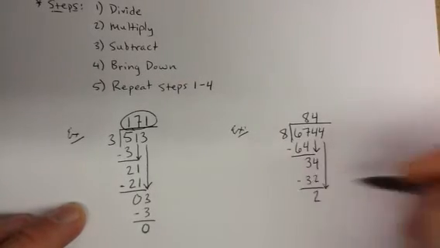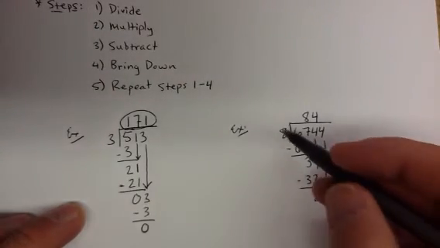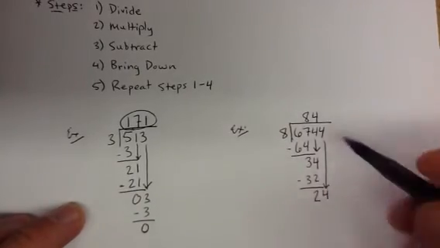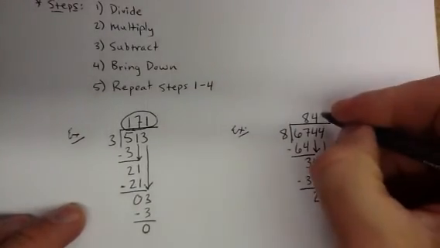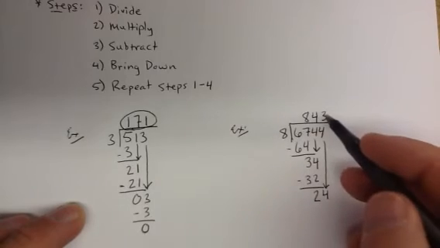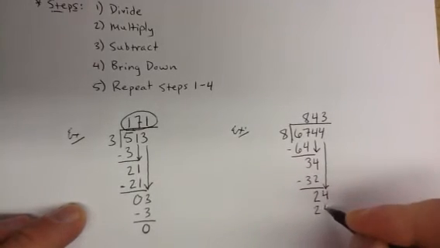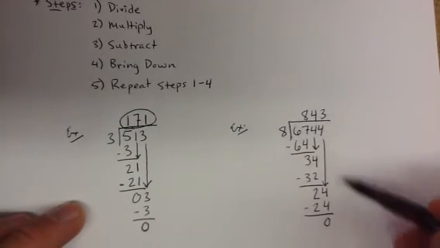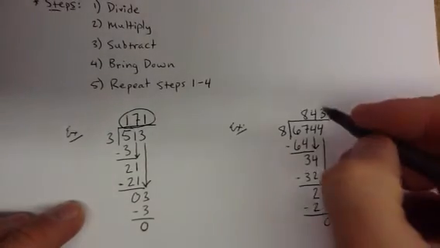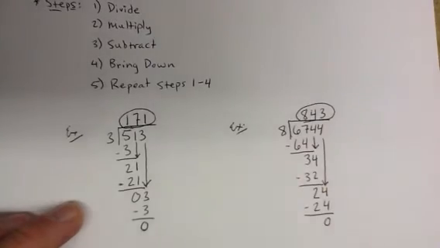And bring down. Write down a 4. How many groups of 8 can we get out of 24? Well, it would be 3. So 8 times 3 is 24. Subtract. 0. No more numbers to bring down. 0 left over, so our quotient is 843.